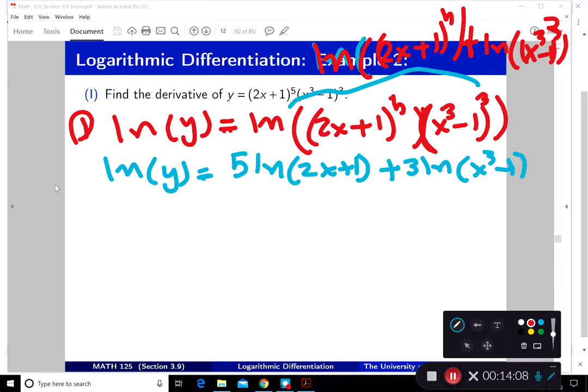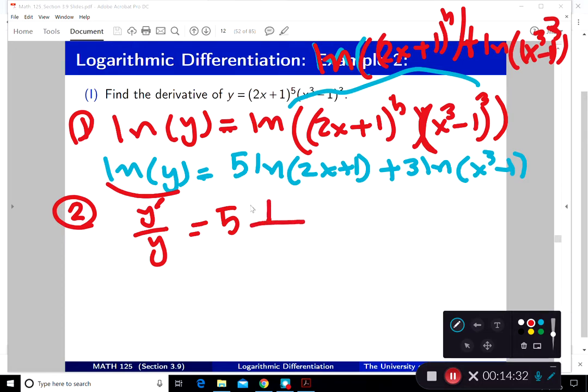Then taking the derivative of both sides, on this side it gives me y prime divided by y. Here it's 5, which is the coefficient, and then the derivative of natural log is 1 over the inside times the derivative of the inside, which is just 2.